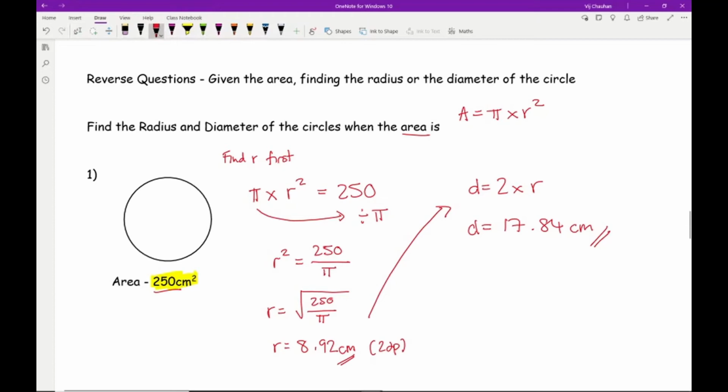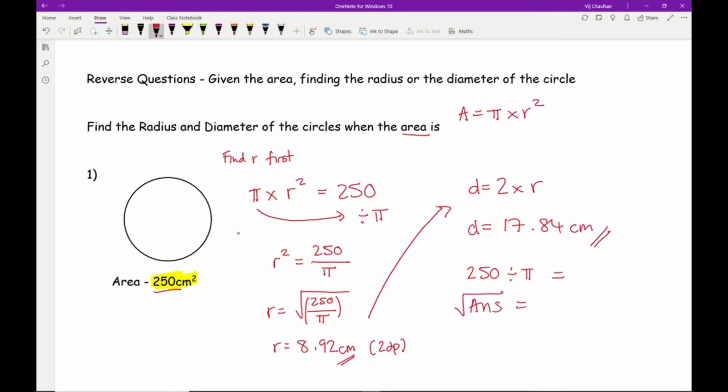Now if you're struggling to use the square roots, then what you could do is type r equals 250 divided by pi, then press equals. Then all you need to do is keep that on the screen or press ans and then square root the answer, and you can go from there.